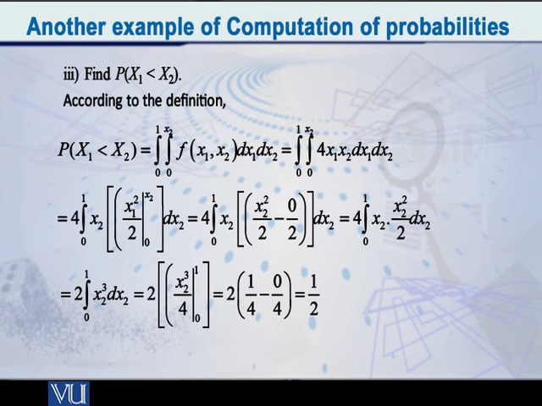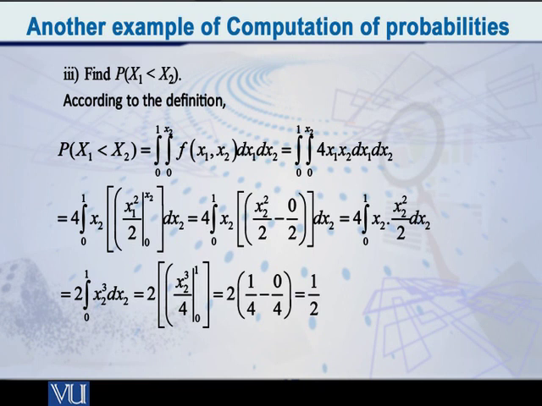It should be less than x2, which means that the integral has to go from 0, from the starting point, up to x2 only. And then after that, we write down inside 4x1x2, which is the expression of our joint PDF.